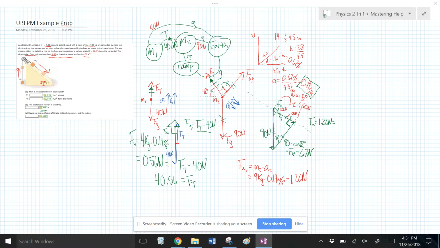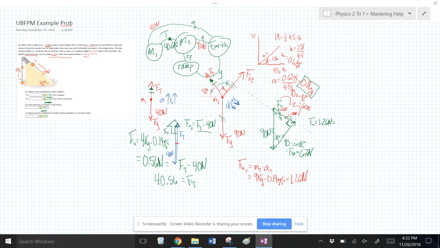The accepted values over here, they're using 0.138 for the accelerations of both objects. They get 39.8 newtons of tension. I mean, it's basically 40 newtons of tension. Just got to be a little bit more, right? Gosh, how the heck would that even work?